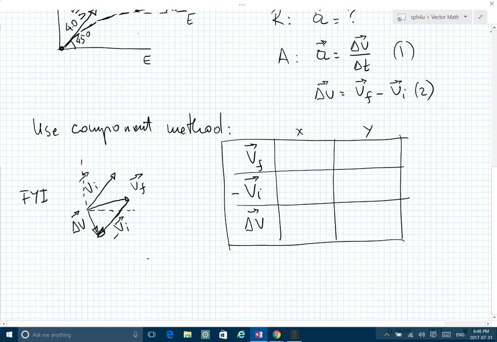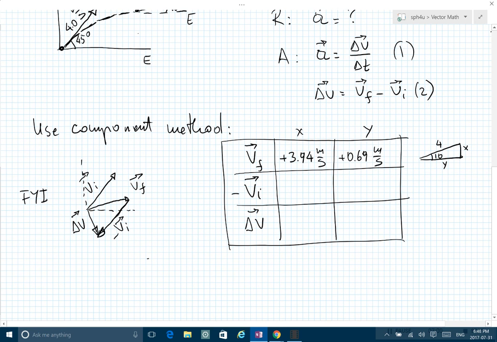So VF, once I find the components, let's draw the diagram. It's something like this. This is 10, this is 4, this is X, and that's the Y component. We have 3.94 meters per second for the X component, and 0.69 meters per second for the Y component.